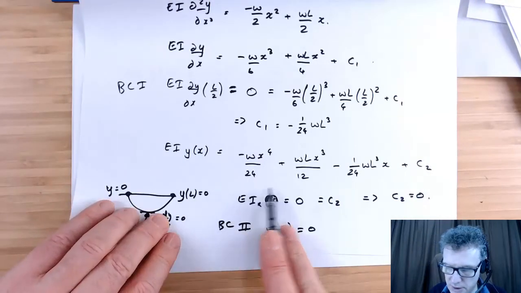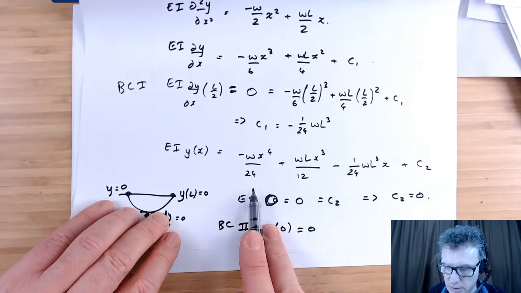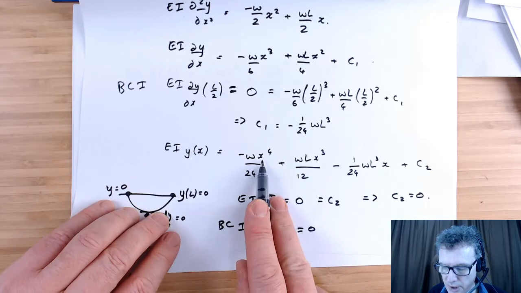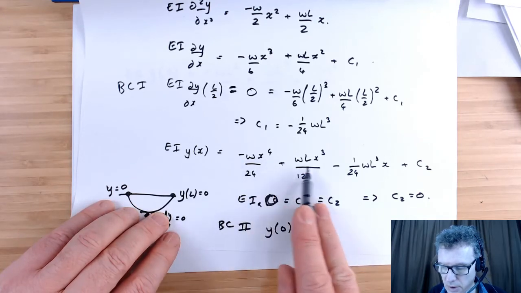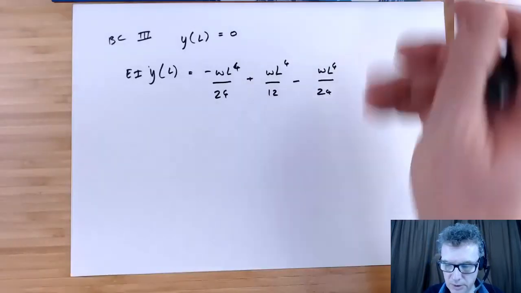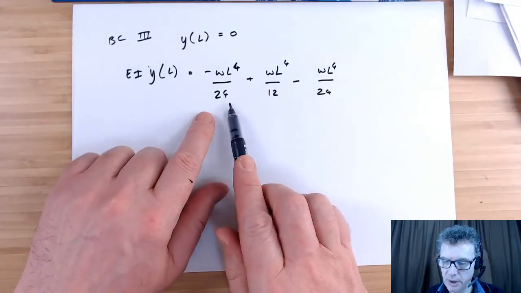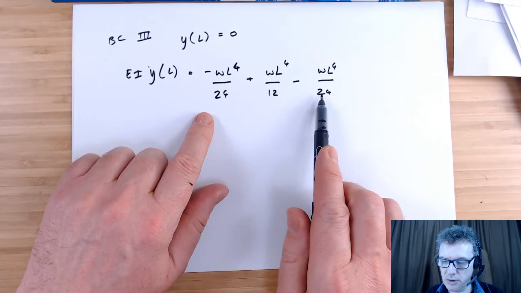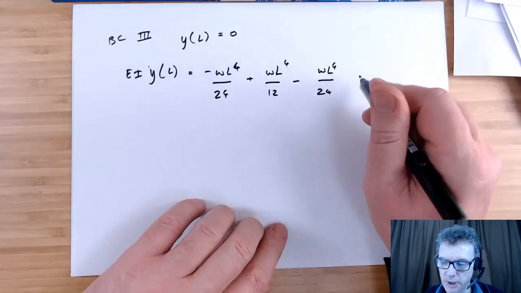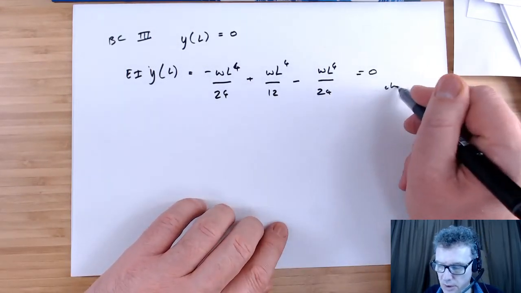So we substitute it in there. Remember C2 is 0. So put x equals L, and what do we get? Well, we get 1/12, take away 2/24, so I make that 0, so the check works.